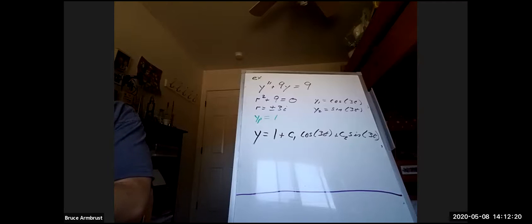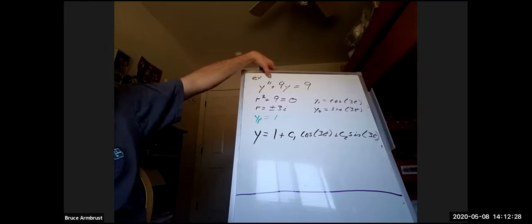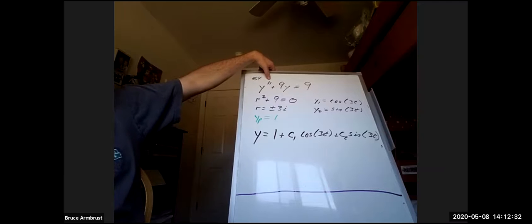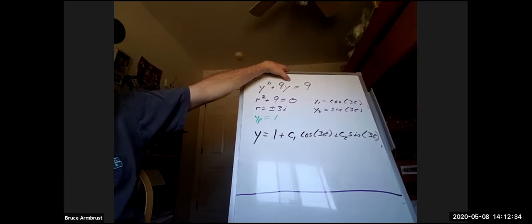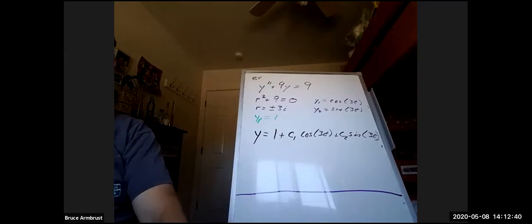But then what about y equal t? Would that work? Well, let's just see. If y is t, the second derivative is still 0. So we would get 0 plus 9t. Well, does that equal 9? No, they're not identical. So unfortunately, that wouldn't work.